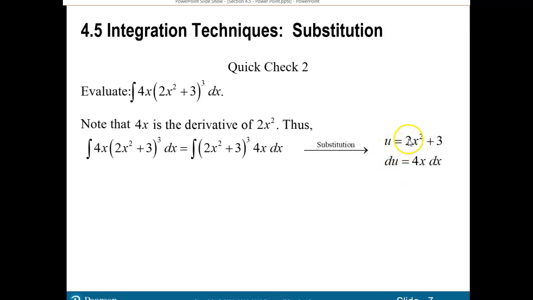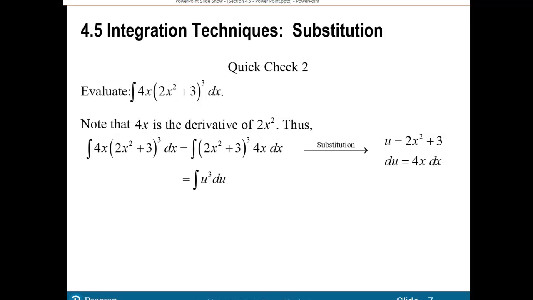Use the substitution: let u be what's inside those parentheses, 2x squared plus 3. Then the du would be 4x to the first plus 0, so 4x, and then the dx; this is du over dx, so it would move over here. So this was my u to the third, and then the 4x dx is just the du part.